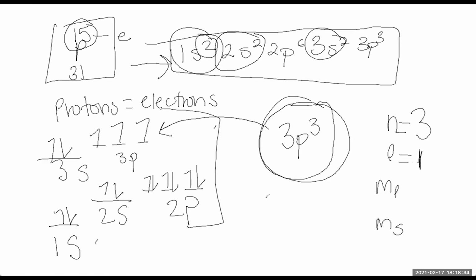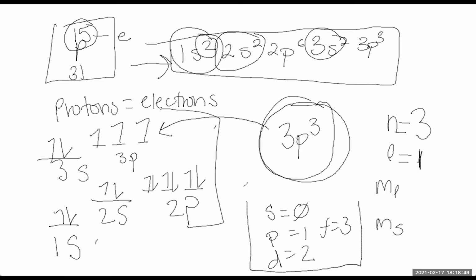Remember when we want to find our L, our angular momentum, our S is equal to 0, our P is equal to 1, D is equal to 2, and then F is equal to 3. So in this case we have our P, therefore our angular momentum, our L, is going to be equal to 1.